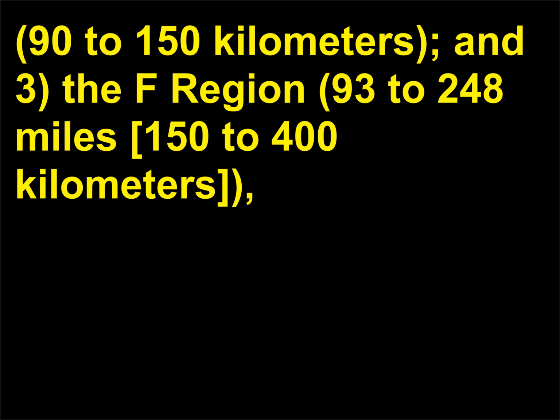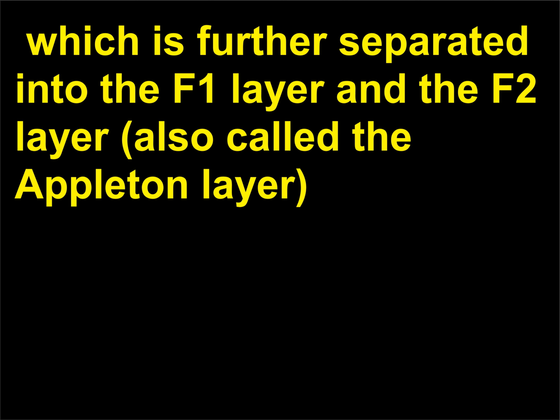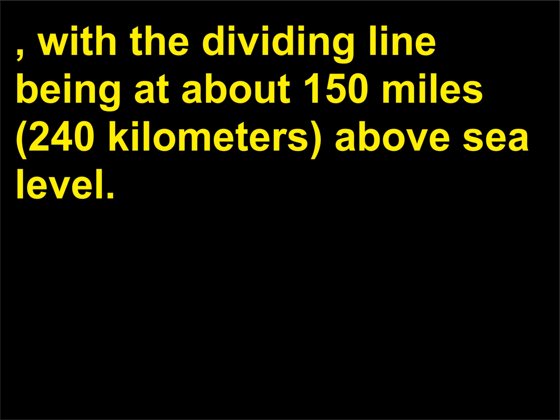The F region, 93 to 248 miles, 150 to 400 kilometers, which is further separated into the F1 layer and the F2 layer, also called the Appleton layer, with the dividing line being at about 150 miles, 240 kilometers, above sea level.